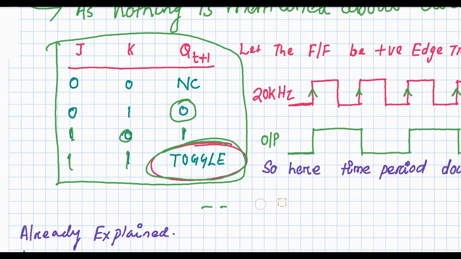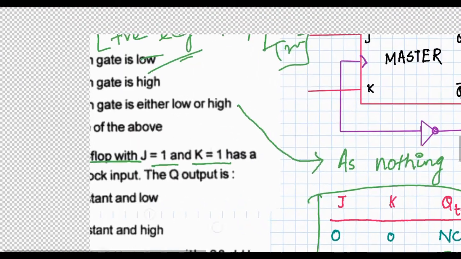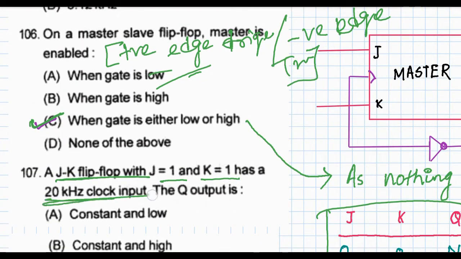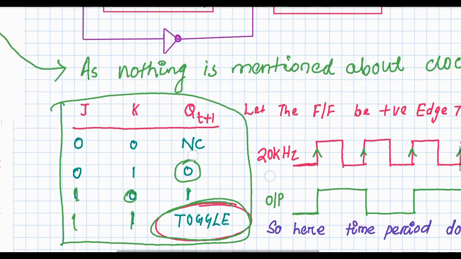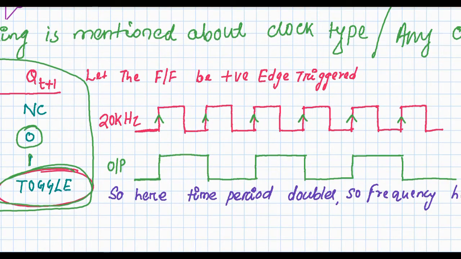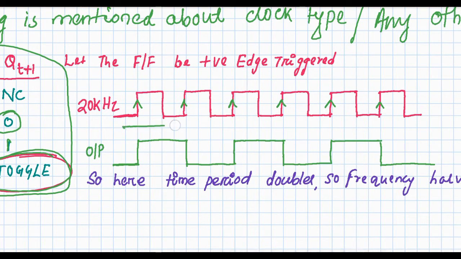It is given that there is a 20 kilohertz clock input. So here the clock has a frequency of 20 kilohertz. I have drawn the wave of the clock, and as this is a positive edge triggered flip flop, triggering will occur only at the positive edges. As J and K are both equal to 1, toggling will occur at the output. Suppose the output is 0 initially.